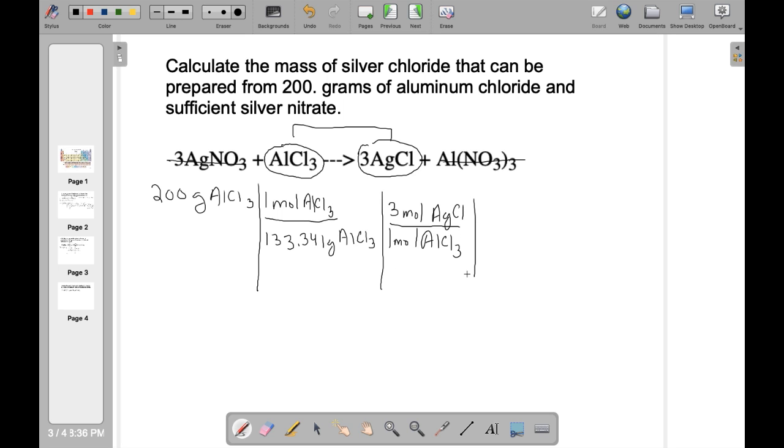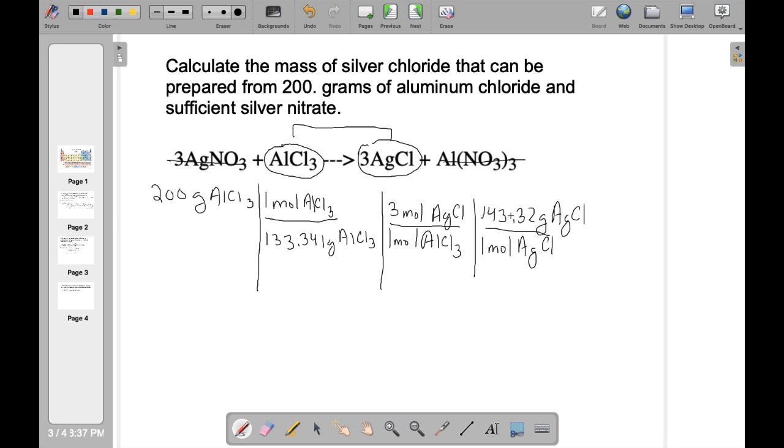Okay, at the end of this step, I should have moles of silver chloride if I did all this math. But now I want to go to grams of silver chloride. So I know 1 mole of silver chloride equals 143.32 grams of silver chloride.